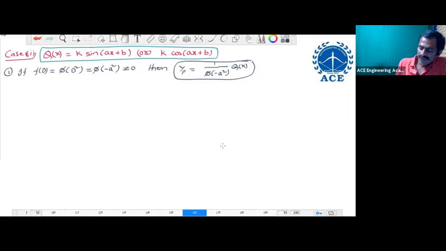Just like in the previous case, f of a not equal to 0, then yp will be 1 by f of a of q of x.